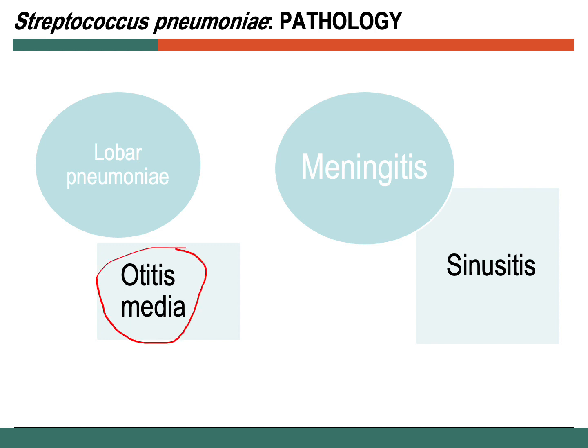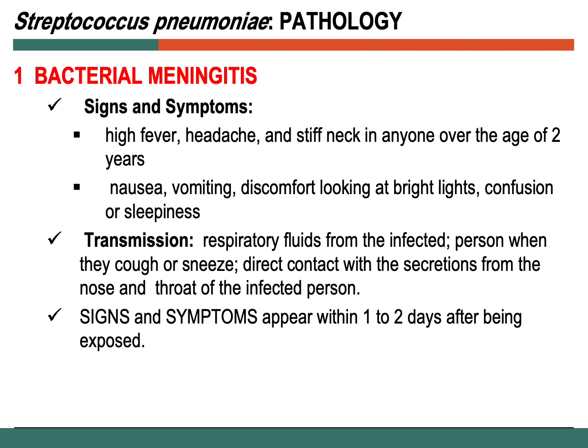As for bacterial meningitis, the common signs and symptoms are high fever, headache, and stiff neck in anyone over the age of 2 years. Take note of the age, 2 years above, or 3 years for Streptococcus pneumoniae. The transmission is usually through respiratory fluids from an infected person when they cough or sneeze, or direct contact with secretions from the nose and throat of the infected person.